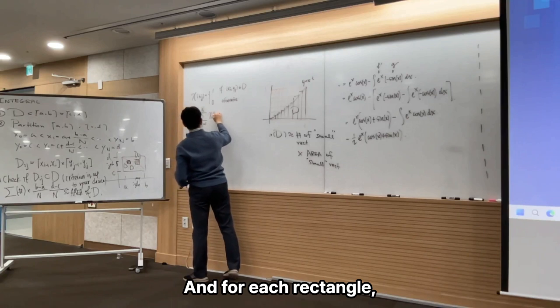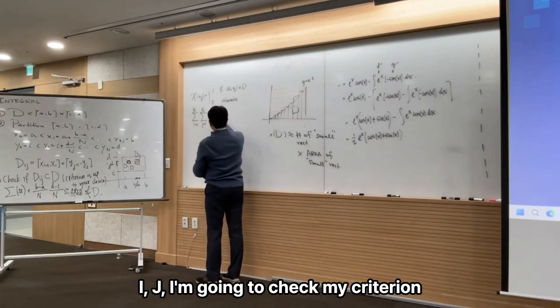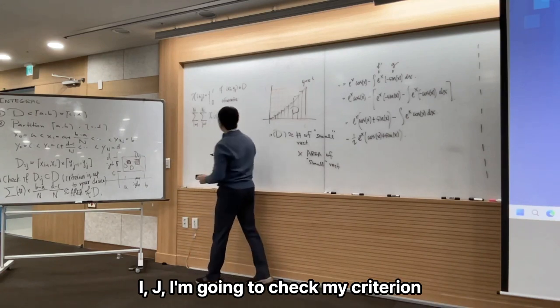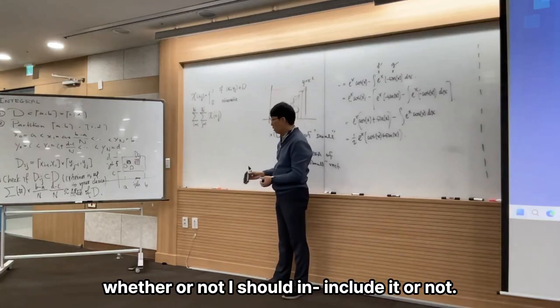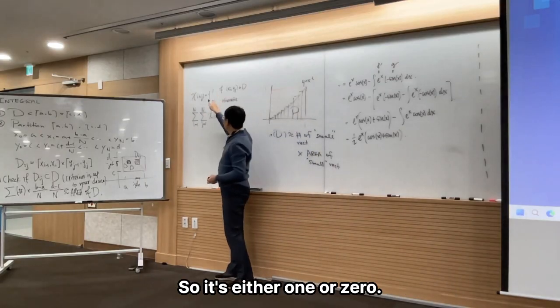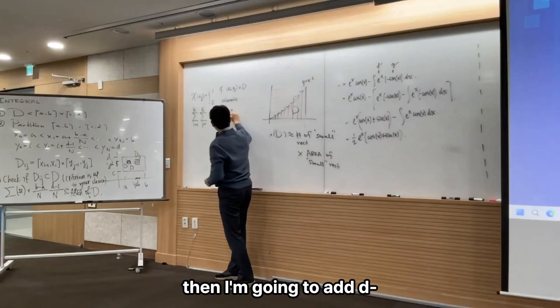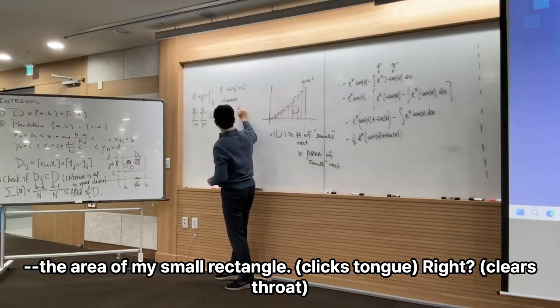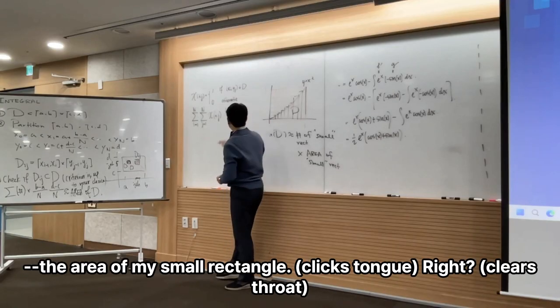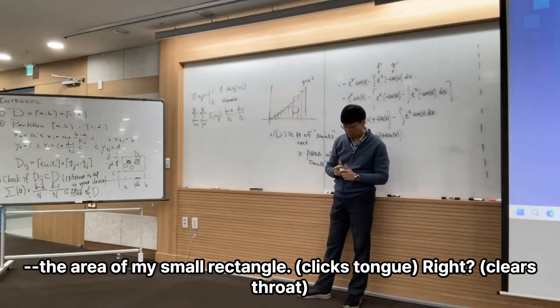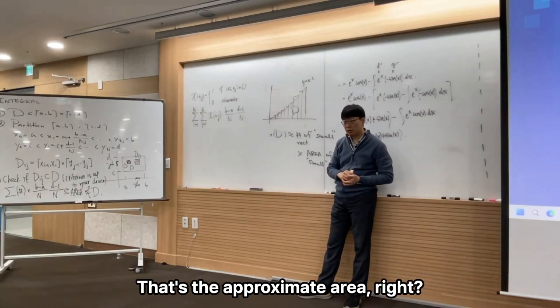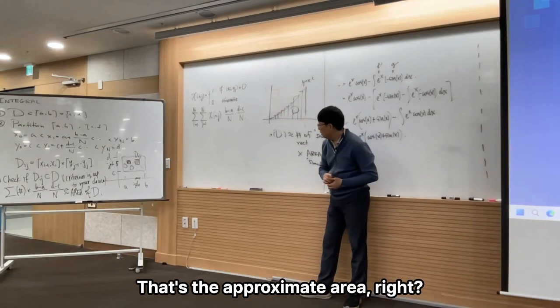For each rectangle ij, I'm going to check my criterion, whether or not I should include it. So it's either 1 or 0. If it's 1, then I'm going to add the area of my small rectangle. That's the approximate area, right?